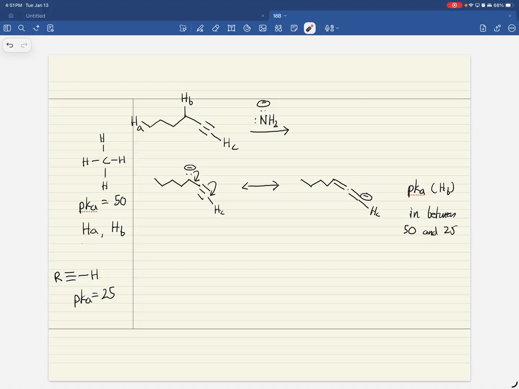Because this carbon right here is not as stabilized as if you had this. So let's pick up this hydrogen and we get this situation where now we have a negative charge here, okay? So that negative charge is more stabilized. Do we remember the trend in acidity for sp3 versus sp2 versus sp?